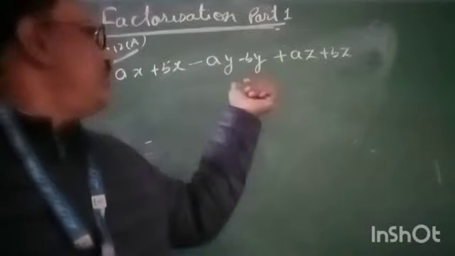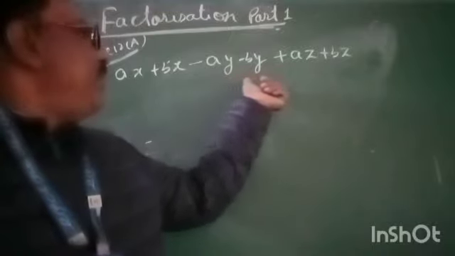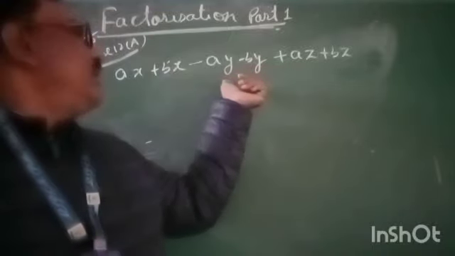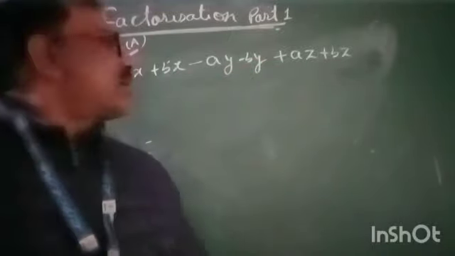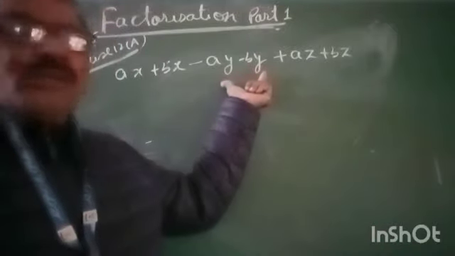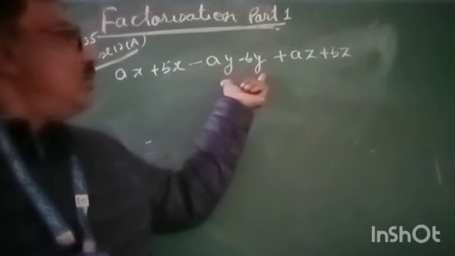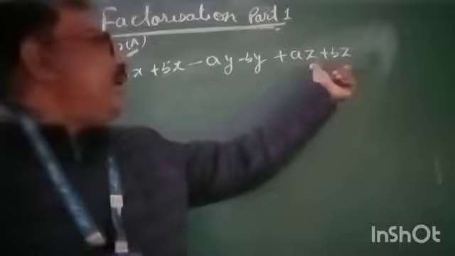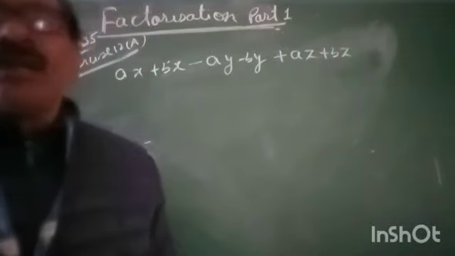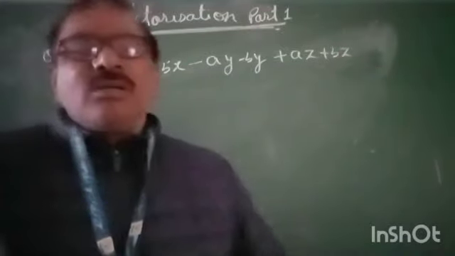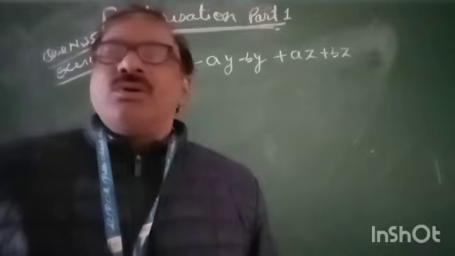If we make a group of ay and by, then y is the greatest common factor of this group, and here z is common in both terms.